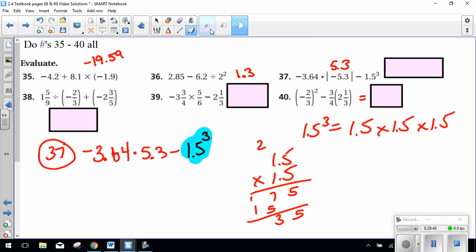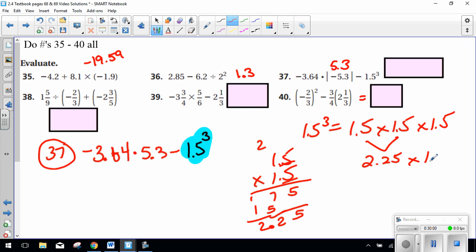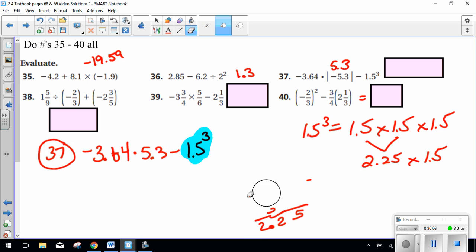Nope, sorry, that's 12. This is a 2, and that's a 2. 2 decimal places. So this is equal to 2 2500ths, and we still have to multiply that by 1.5. I'm going to erase this work, so I'm running out of room. Please don't erase your work.